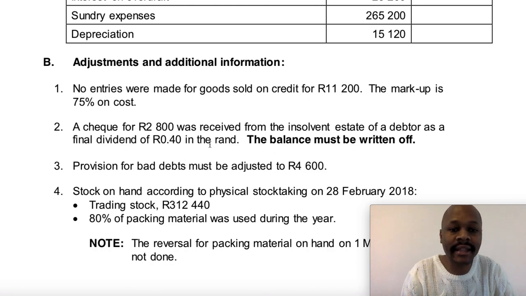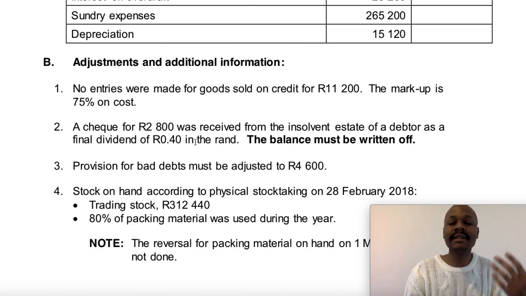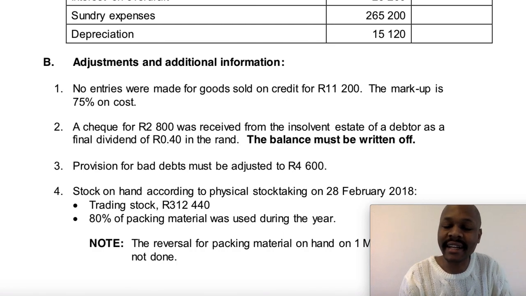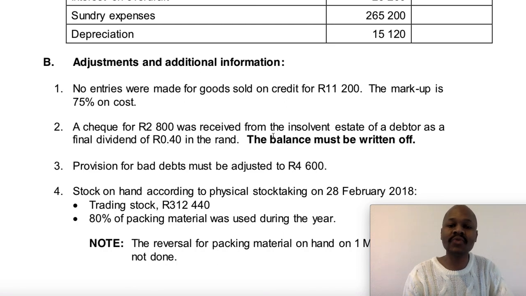Here they say we received 2,800 as a final dividend of 40 cents in the rand. So for every rand, you receive 40 cents. The balance must be written off. So this balance we add to our bad debts under operating expenses.